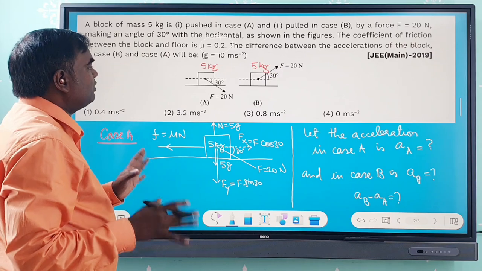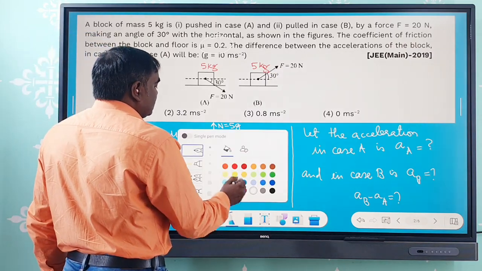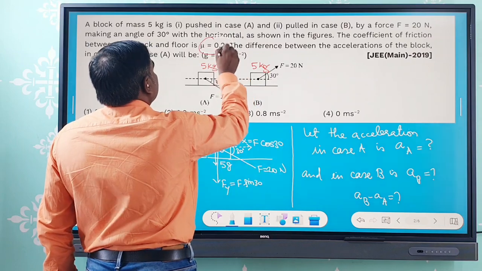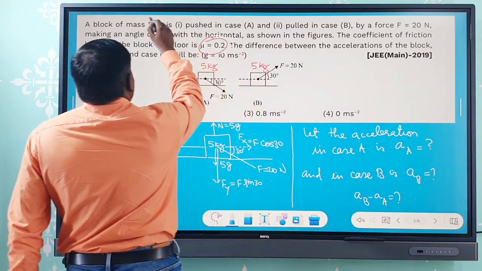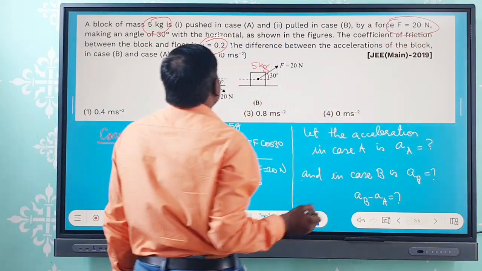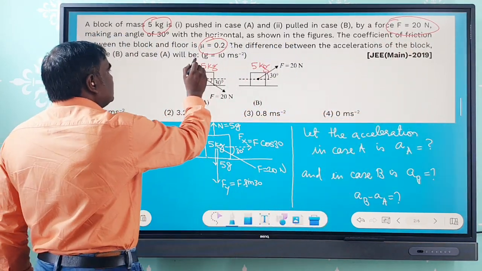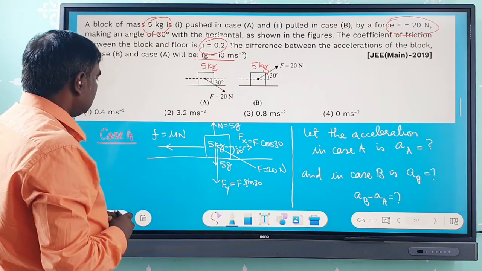So friends, before solving the problem you can highlight the things that are given in the question. So friction is given, mass of the block is given, the applied force 20 Newton is given, and acceleration due to gravity g is equal to 10 meter per second squared, all are given.